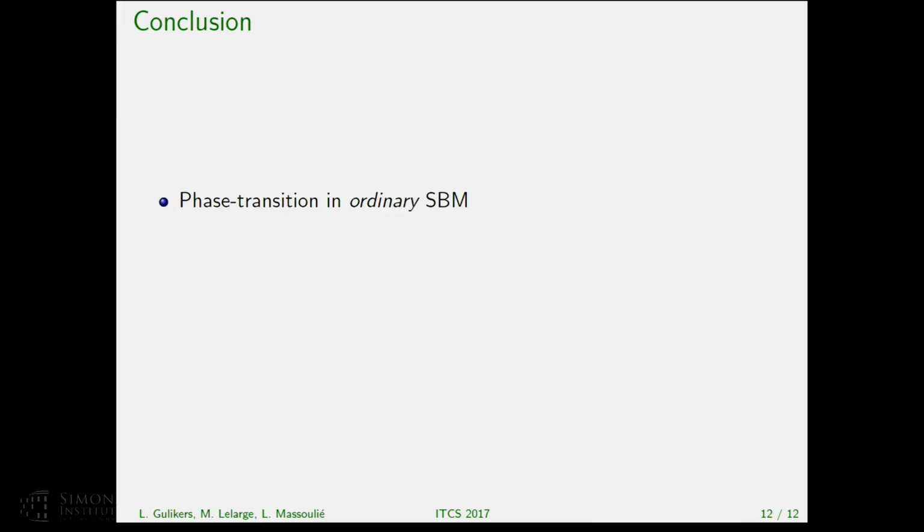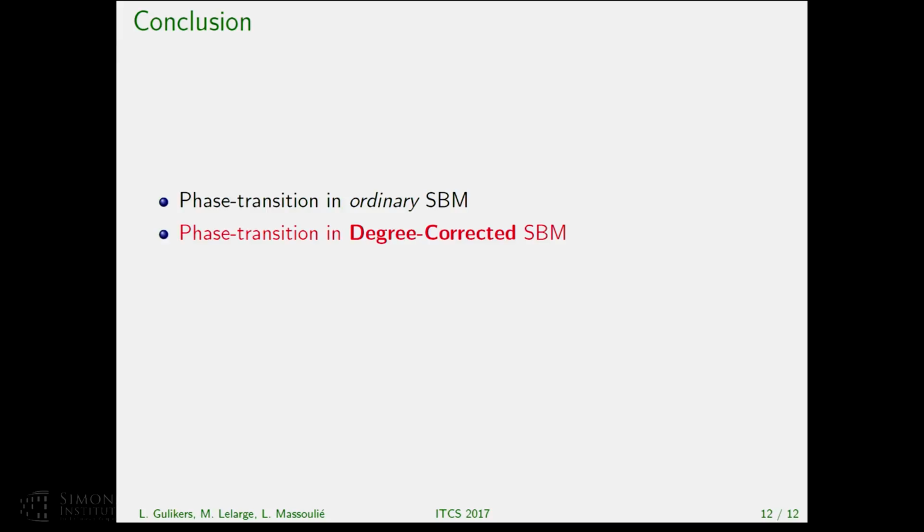So a short conclusion. It was already known that the ordinary stochastic block model contains a phase transition, meaning that there is a threshold. Below this threshold, it's impossible to detect communities better than random guessing. But just above this threshold, the non-backtracking matrix was shown to come up with a positively correlated clustering that does do strictly better than random guessing. And we extended those results to the degree-corrected stochastic block model.